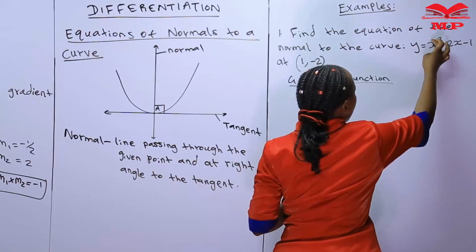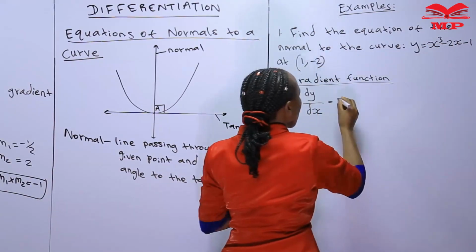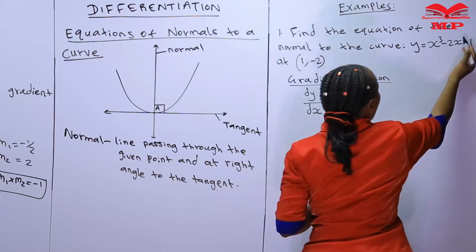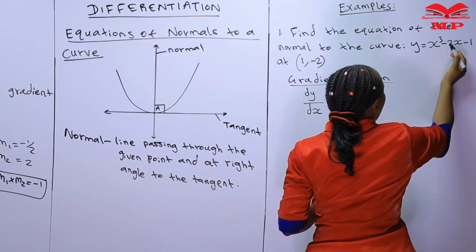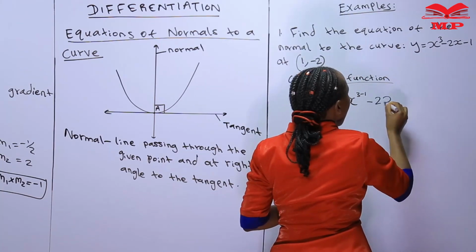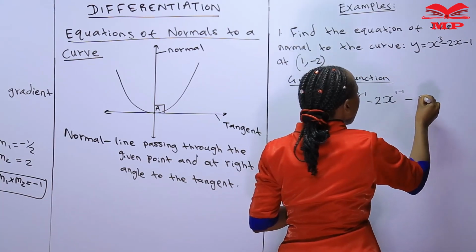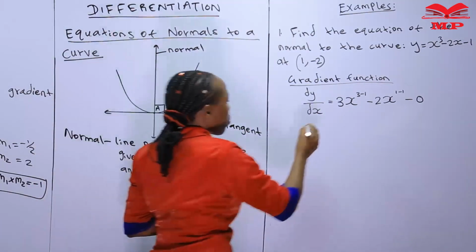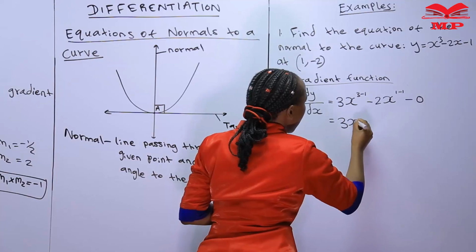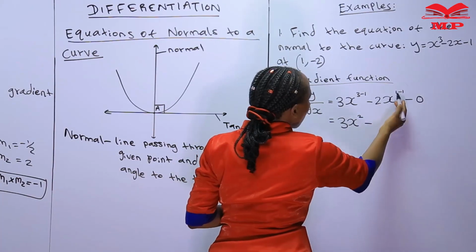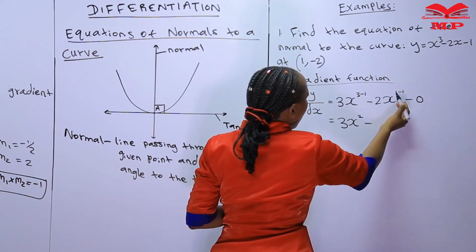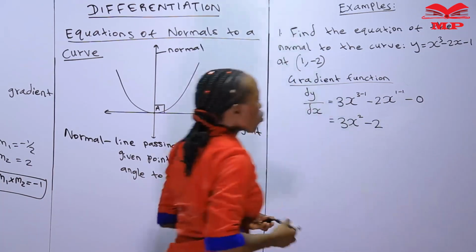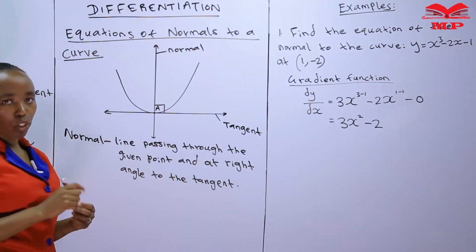We have 3 times 1, so 3x to the power 3 minus 1, then minus 1 times 2, so 2 times x raised to power 1 minus 1, then minus 0, because the derivative of a constant is 0. So we have 3x squared minus 2, since 1 minus 1 is 0 and a number raised to power 0 is 1. So that is the gradient function.